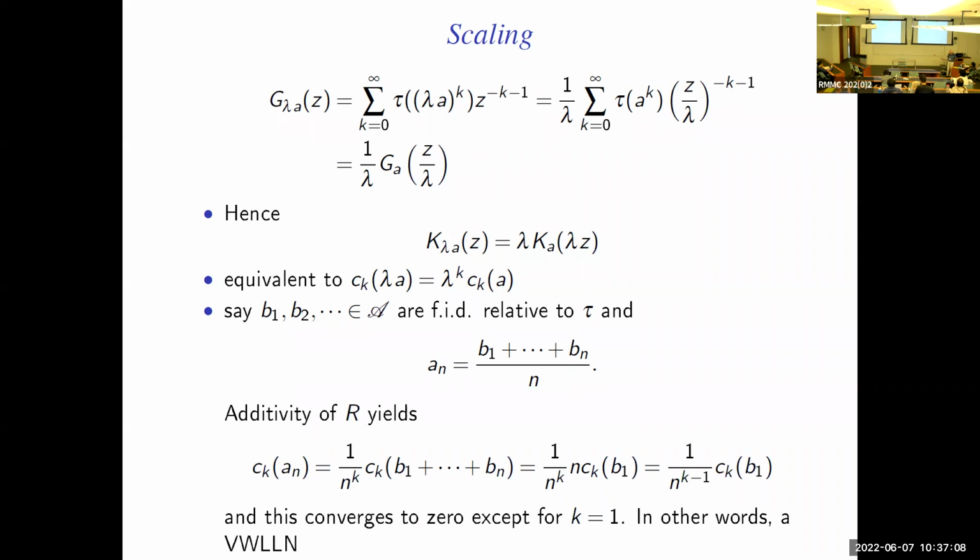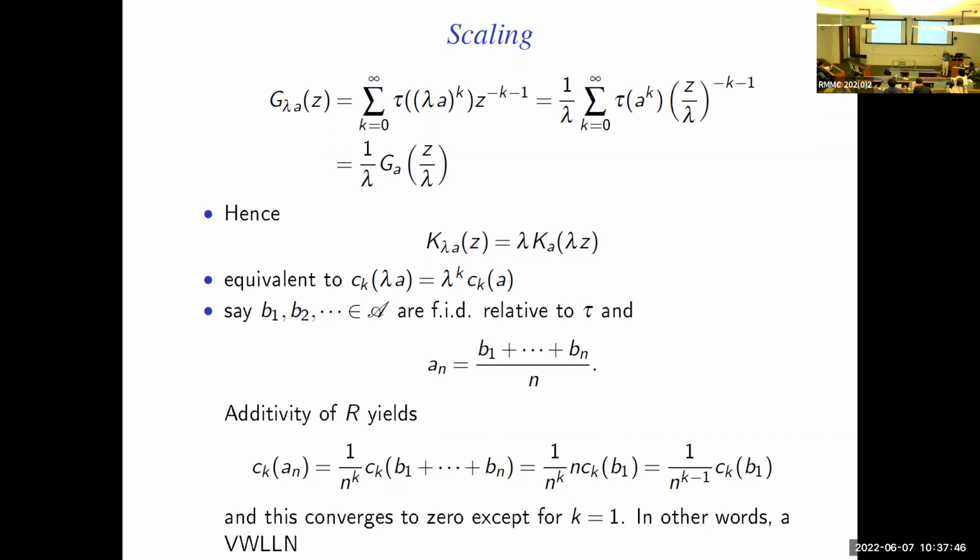Now you apply the additivity. This is 1 over n to the k times n times c_k of b_1, or 1 over n to the k minus 1 times c_k of b_1, since identically distributed means c_k of b_n is equal to c_k of b_1. This converges to 0 except when k is equal to 1, which is weak convergence of these variables to a variable whose first cumulant is equal to the first cumulant of b_1, and all the other cumulants are equal to 0.